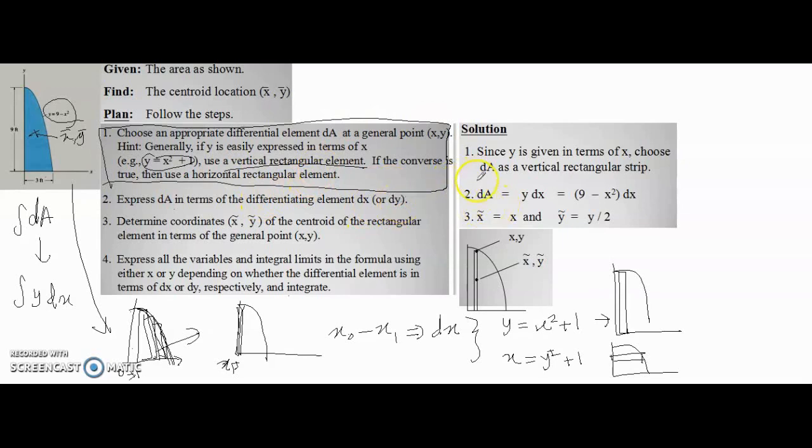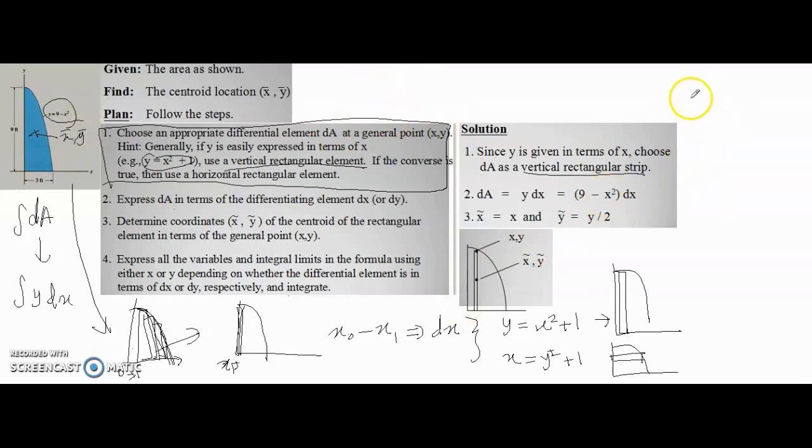In this case, the solution here is using the vertical rectangle strip, because it is easier to solve. In this case the function is already given: y equals 1 minus x squared. So we are using the vertical one.